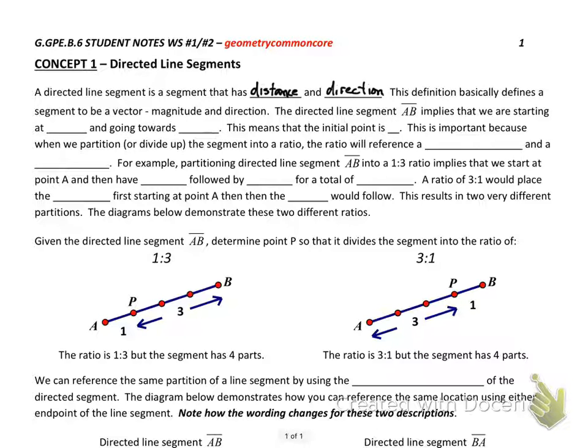So we're going to think of a directed line segment as a vector. Okay. So for our purposes, what this means is that if it's directed line segment AB, then we are starting at point A and going toward point B.